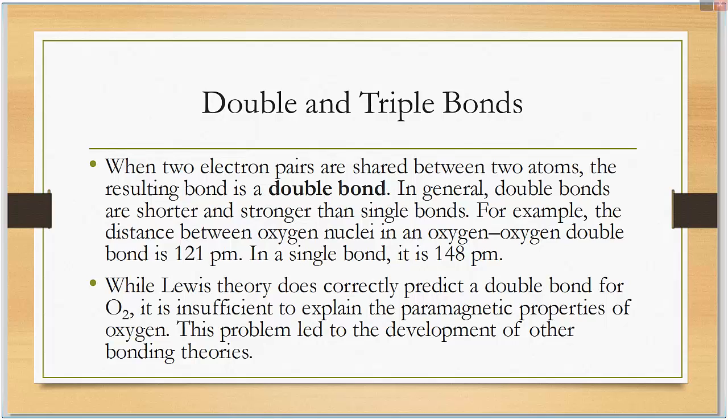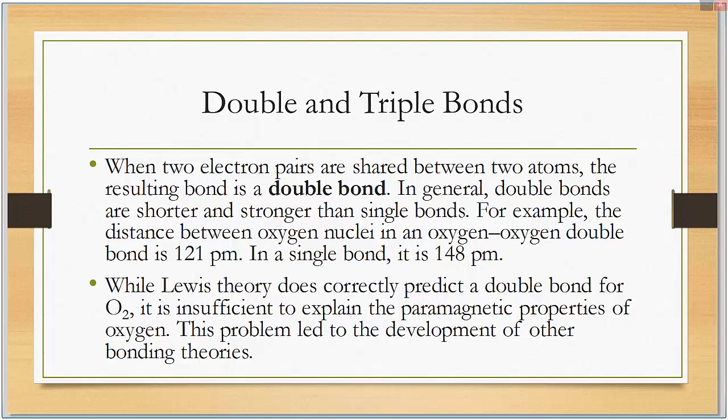When 2 electron pairs are shared between 2 atoms, the resulting bond is a double bond. In general, double bonds are shorter and stronger than single bonds. For example, the distance between the oxygen nuclei in the oxygen-oxygen double bond is 121 picometers, where a single bond is 148.